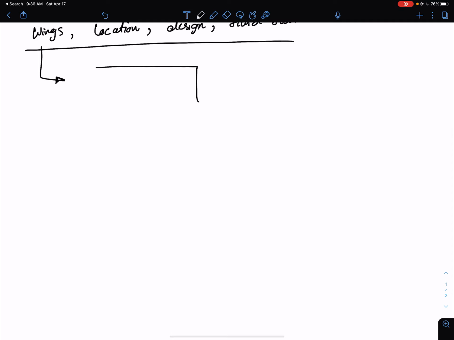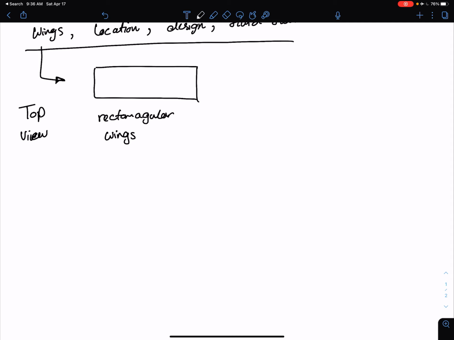First is called a rectangular wing. You just have to keep in mind that these are all top views of the wing. So a side view of a rectangular wing will look something like this.